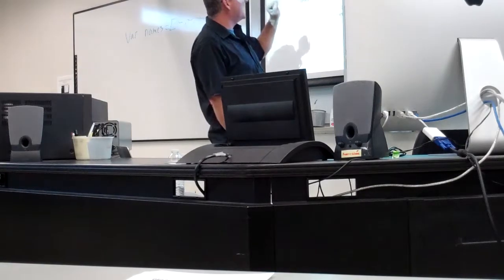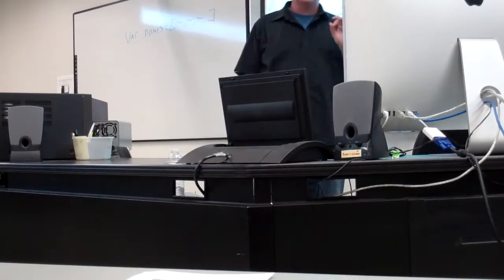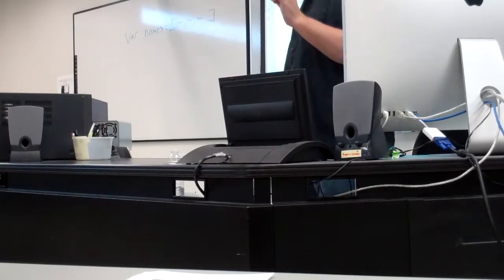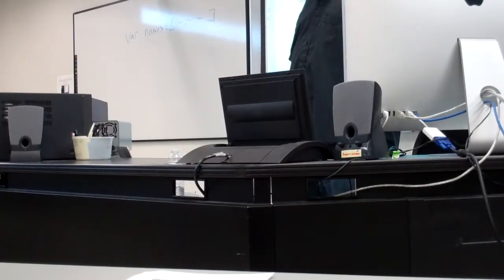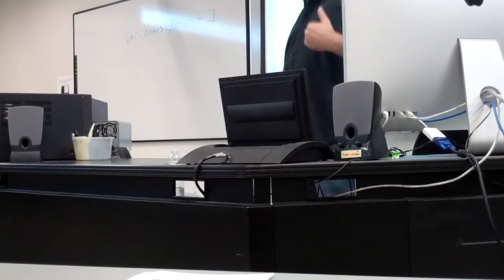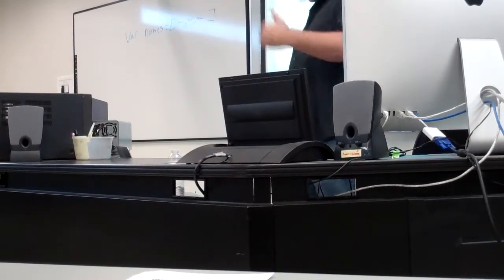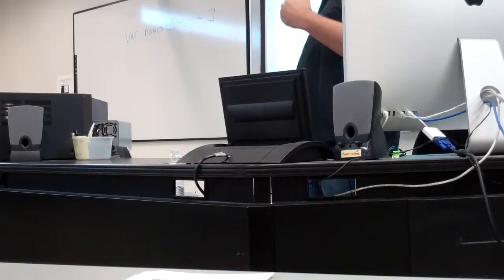So oftentimes what is done instead of actually putting a number there is that you put a variable that contains the length of the array. So if you dynamically change the length of the array, it'll still loop through everything.